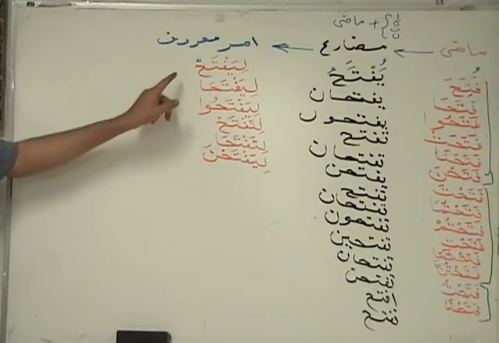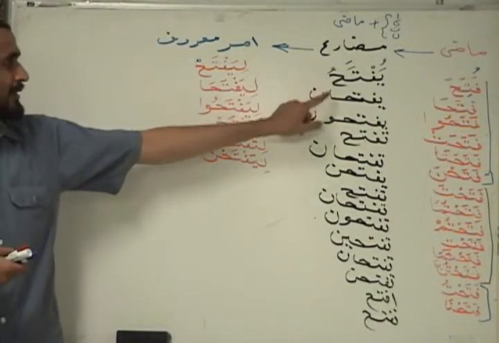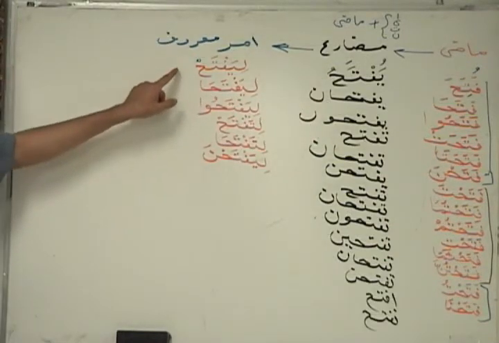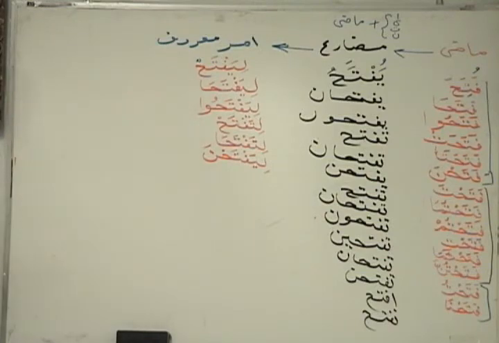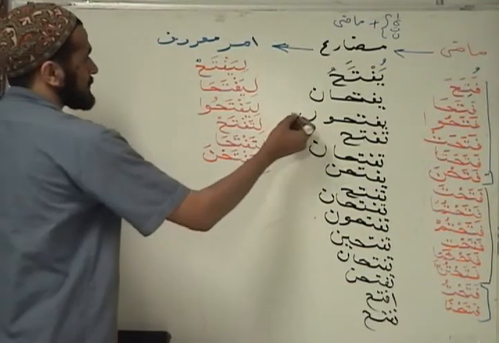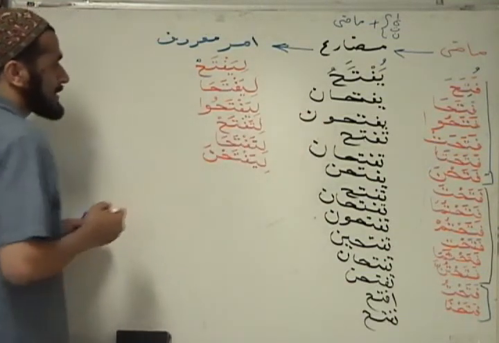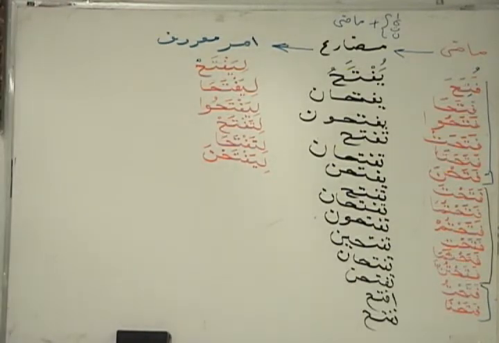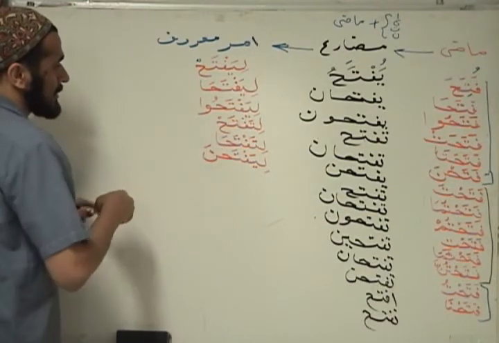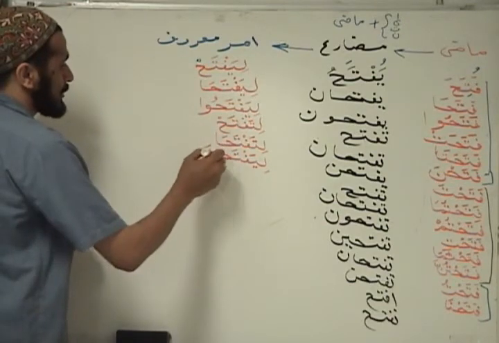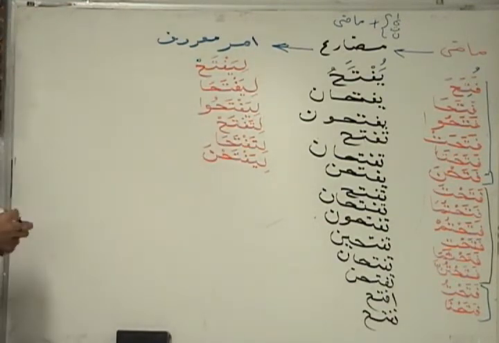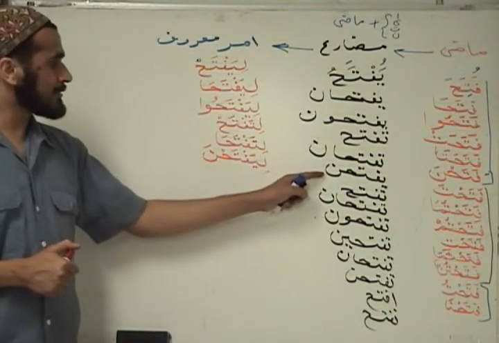At the end, change it to a sukun. Here, remember, it has a dhamma. So if there is no noon, change it to sukun. If there is a noon, drop the noon, except if the noon is for plural feminine. Like in this example, you don't drop the noon because the noon belongs to the feminine plural.